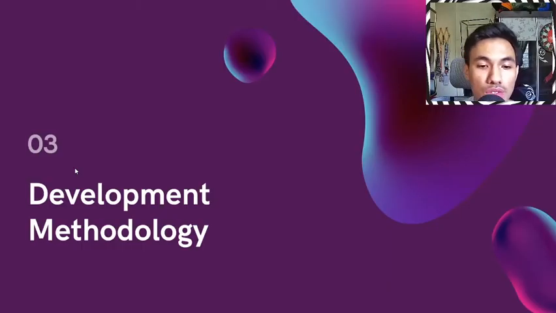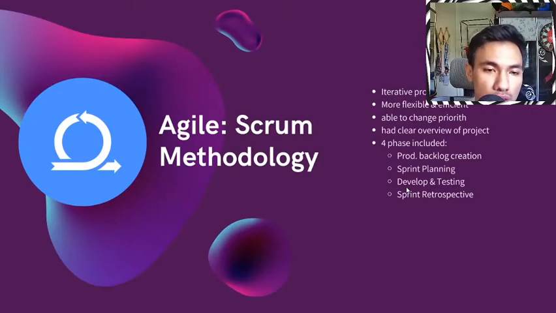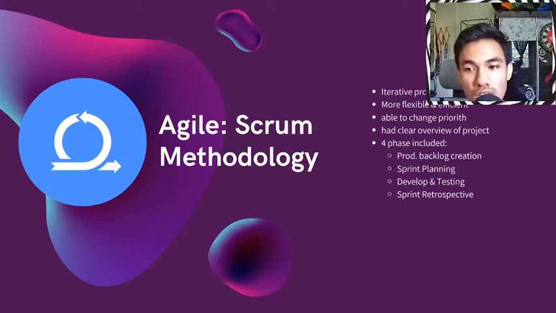So let's go into the development methodology. This project will be using an agile methodology, more specifically the Scrum methodology. Basically, the Scrum methodology is an iterative process, which means it keeps repeating the process.